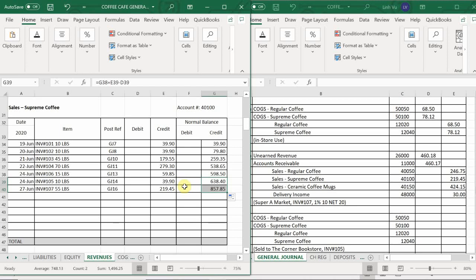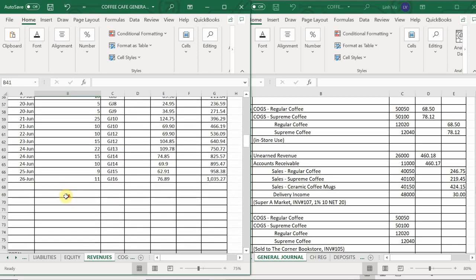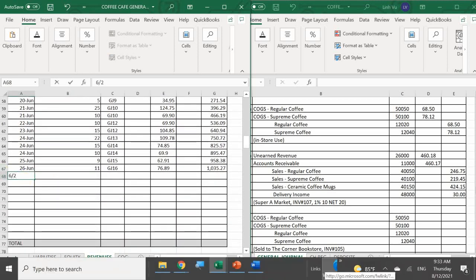The next account is Sales Ceramic Mugs. And it looks like we sold 85. Journal 16, of course.